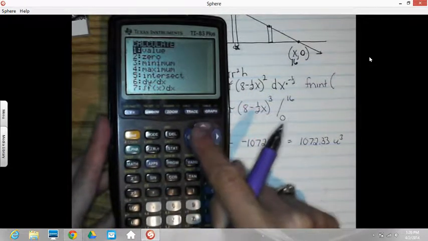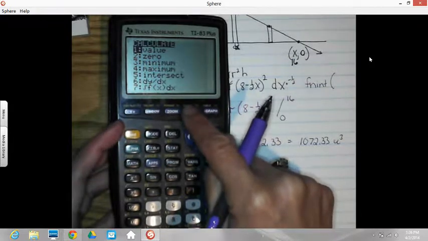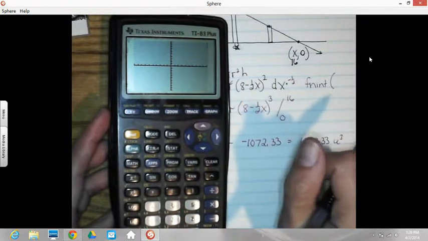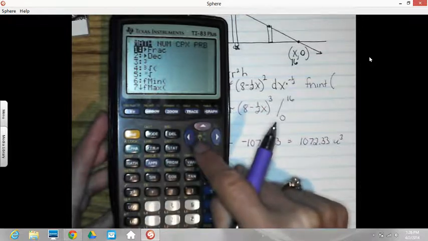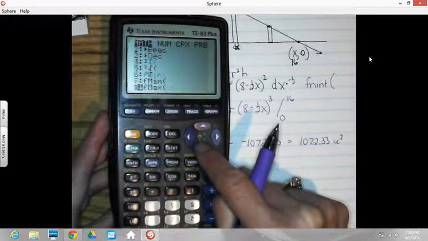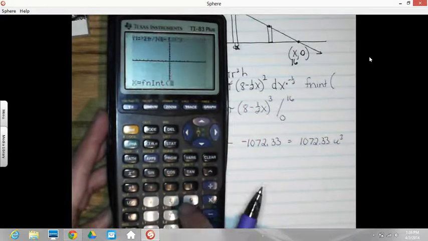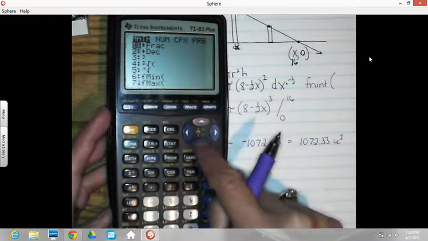Oh, where is it at? Is it under math? Math. It's been a while. There it is. It's under math. Function integrate. Oh, I don't want it there. Jeez, I might get this right. Math. Function integrate.